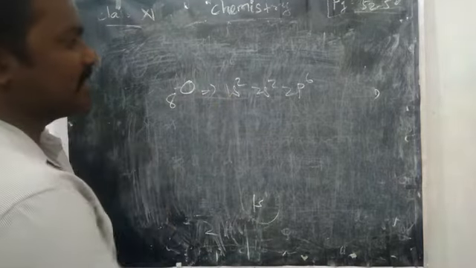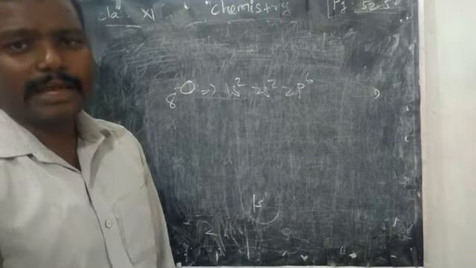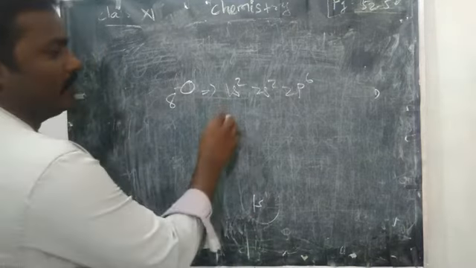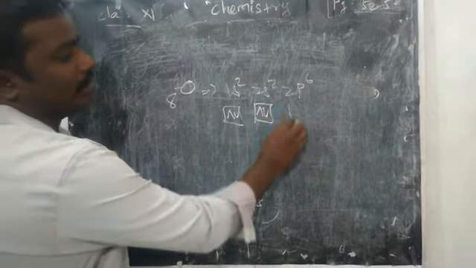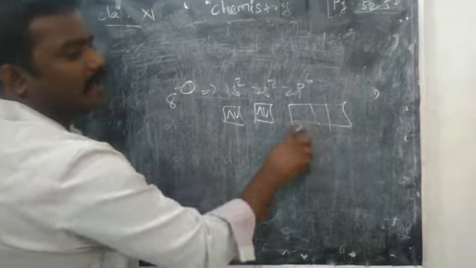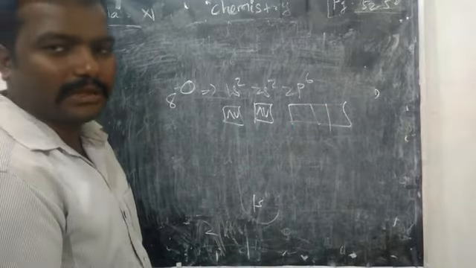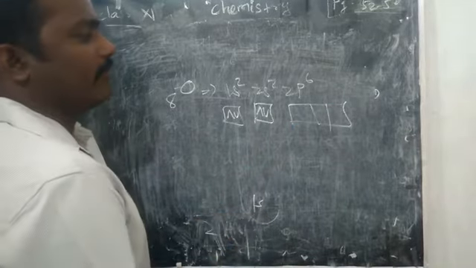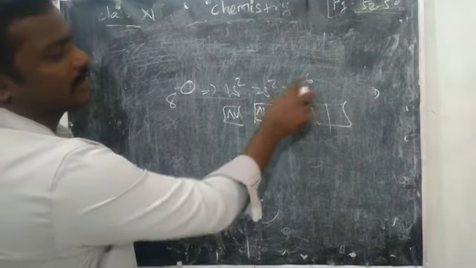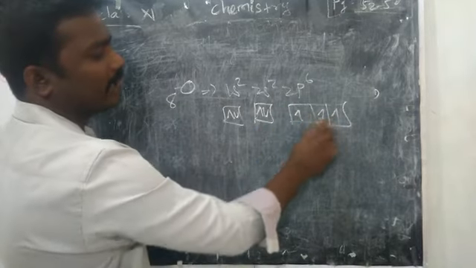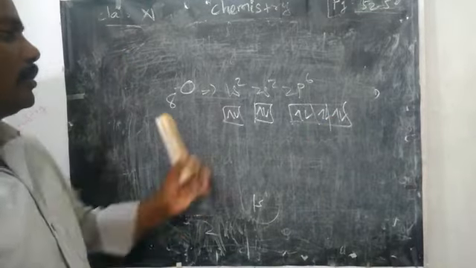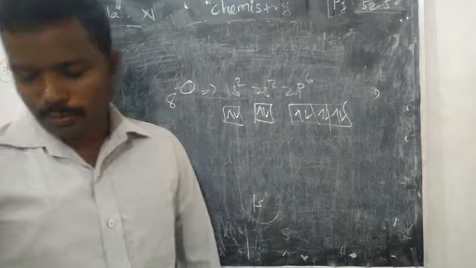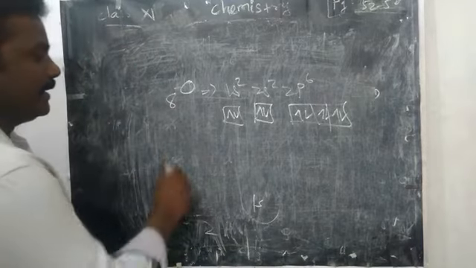Simultaneously, we can draw the orbital diagram also. For s, 2 electrons are there. p always 3 boxes, d always 5, f always 7. Tell me one more.